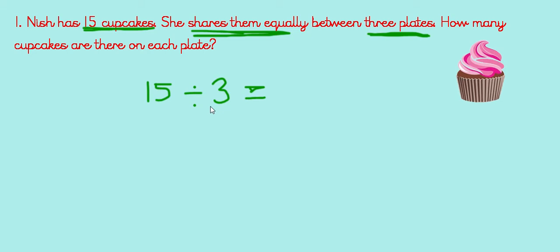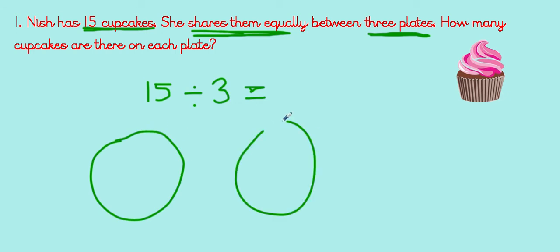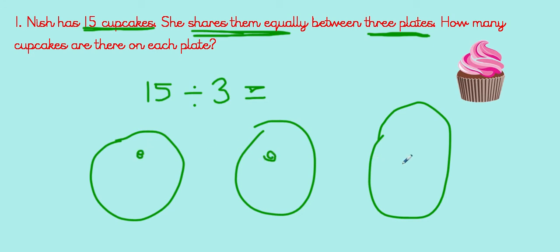Okay, so we know we're dividing. How are we going to do it? We could draw the groups. We're going to draw 3 groups. 1, 2 and 3, and we're going to share out 15, aren't we? Like this, 1, 2, 3. We're going to keep going until we get to 15. That's our total, isn't it?